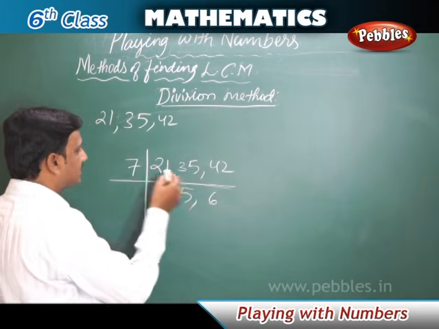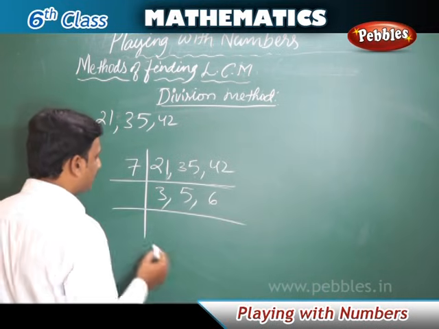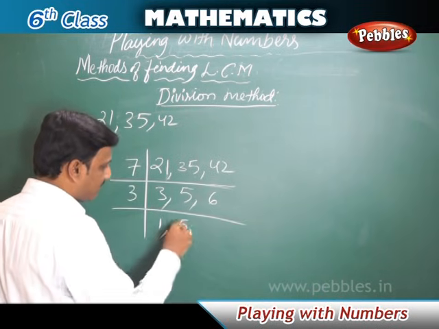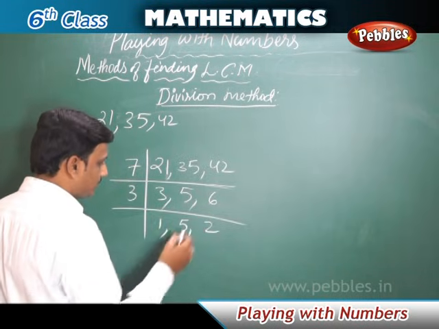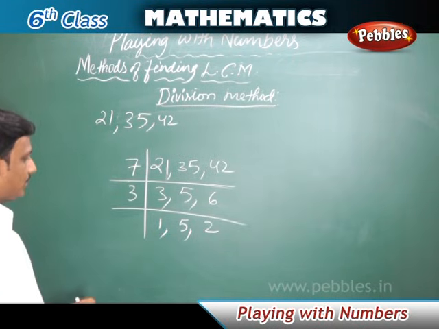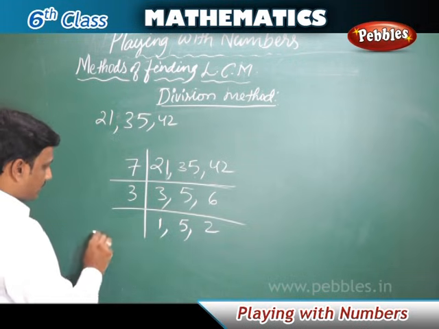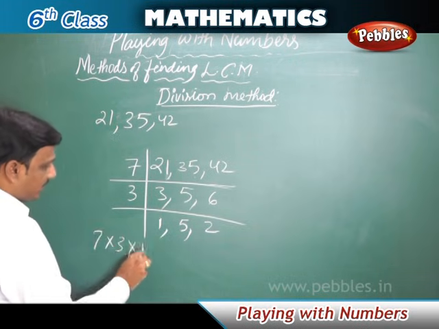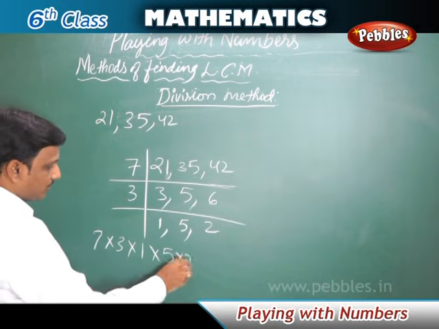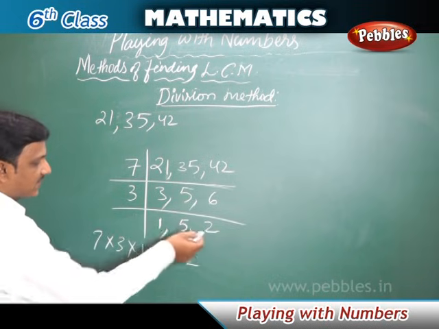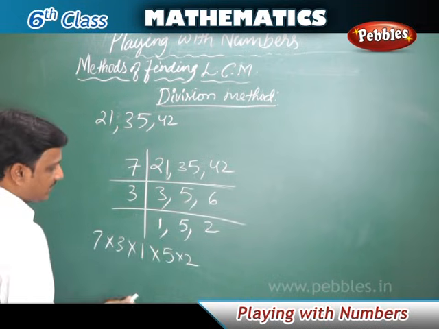So here 3 numbers are divisible by 7. Now let us write 3, 5 and 6 below. Next, we take 3: it divides 3 and 6, so we write 1, and 5 as it is since it is not divisible, and 2. So here we got 1, 5, 2. Here we cannot find any other prime number which divides at least 2 numbers, so we stop the division here.